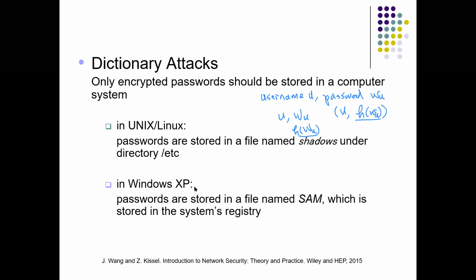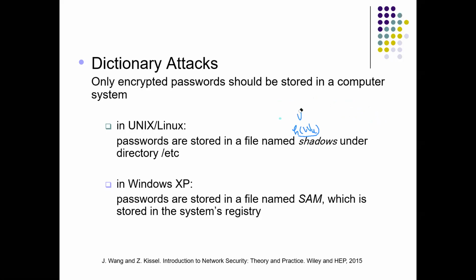In Windows XP and some other similar operating systems, passwords are stored in a file named SAM, which is stored in the system's registry. Okay, let me erase this, and now we move to the next slide.